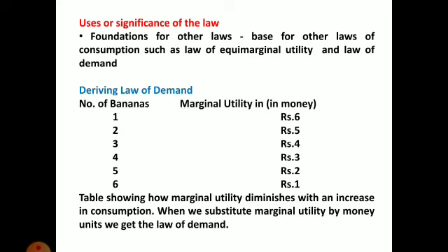Since the marginal utility of a good diminishes, the price a consumer is willing to pay for an additional unit will also be less. So, this law becomes a foundation for various other laws of consumption.